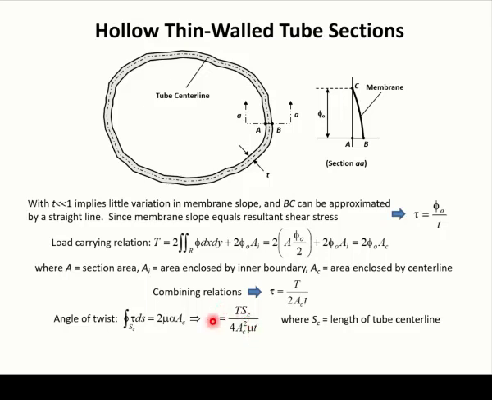So from here I can also get my angle of twist in terms of torque, and from the previous equation I can get my shear stress in terms of torque.